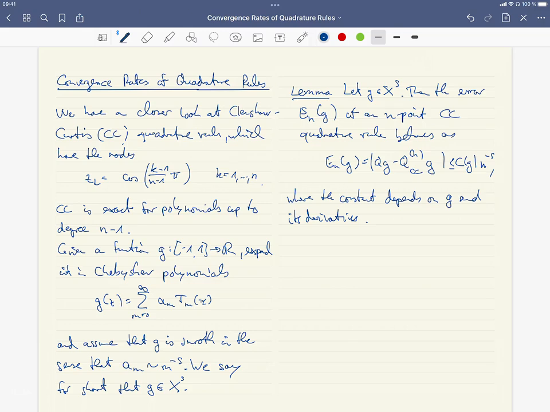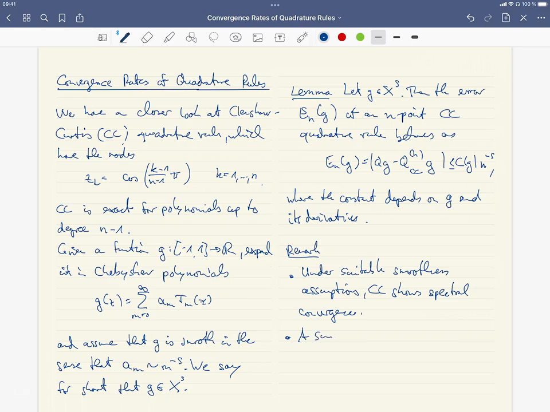All right, so before we prove this, again, the main point of this result: under suitable smoothness assumptions, this means that Clenshaw-Curtis quadrature rules show spectral convergence. So infinitely fast. And well, a similar statement is true for Gauss quadrature.